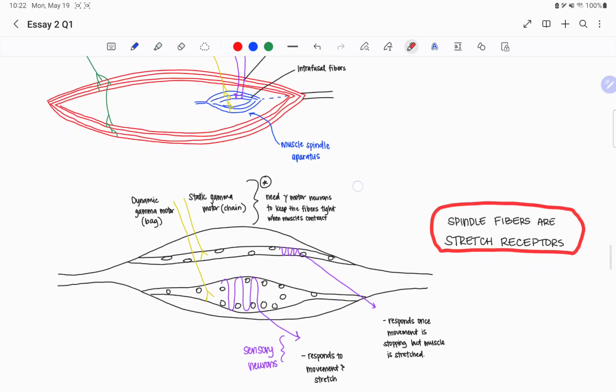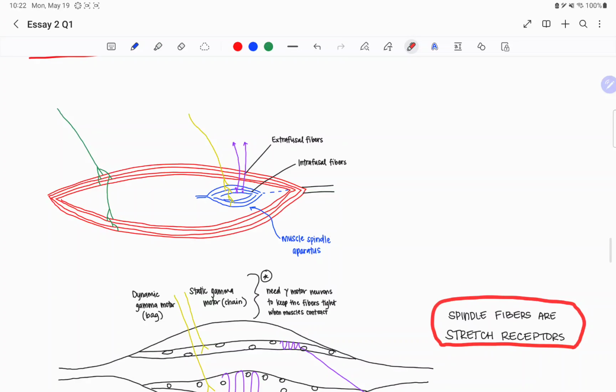Okay, so as you can see here, I've got this big green thing coming in and innervating our extrafusal fibers, our skeletal muscles. Okay, these are the alpha motor neurons.